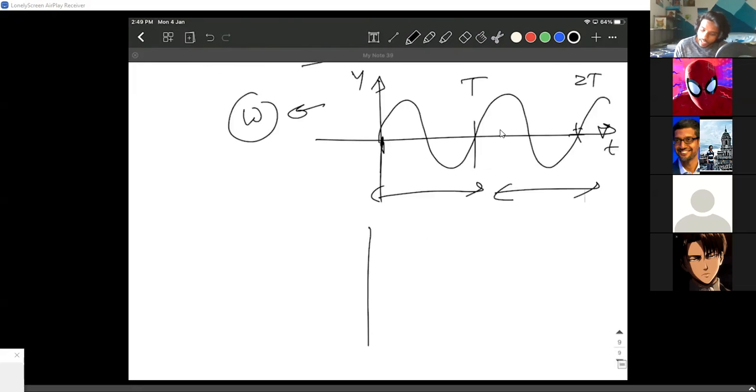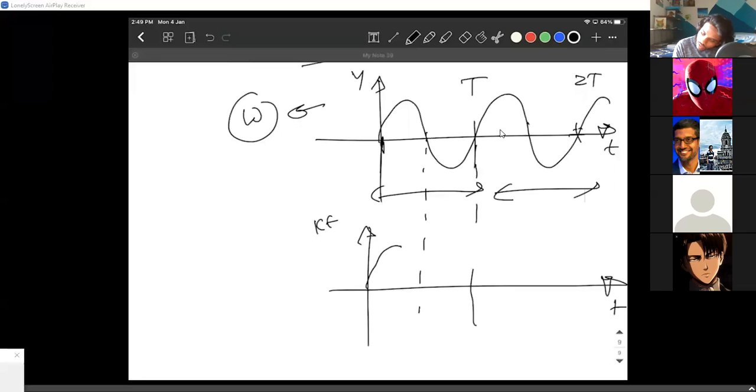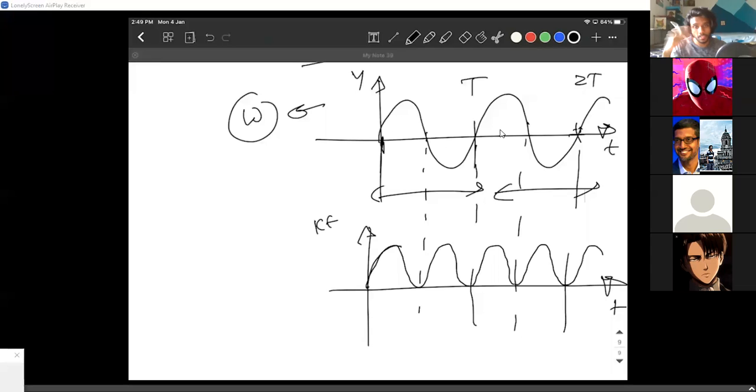But if I write the kinetic energy or the potential energy with time, let me draw the guided lines so that I can match them properly. Do you see this? I'm not drawing any sharp curves. All of them are smooth. Can you see it is actually repeating itself after time T by 2?